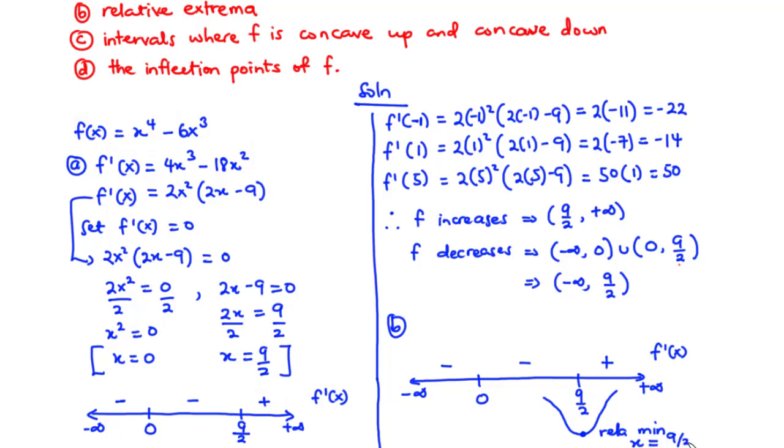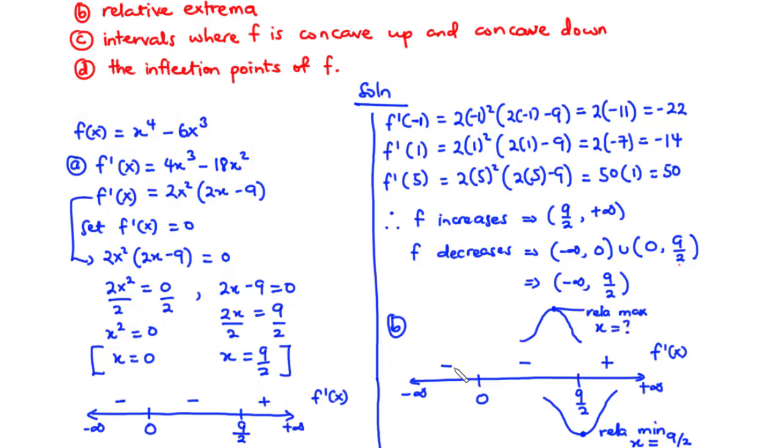equals 9 over 2. So when the function decreases from the left of x and then increases on the right of x, then we have a relative minimum at x equals that value. And then when the function increases on the left side of x and then decreases on the right side of x, then we have a relative maximum at x equals that particular value.